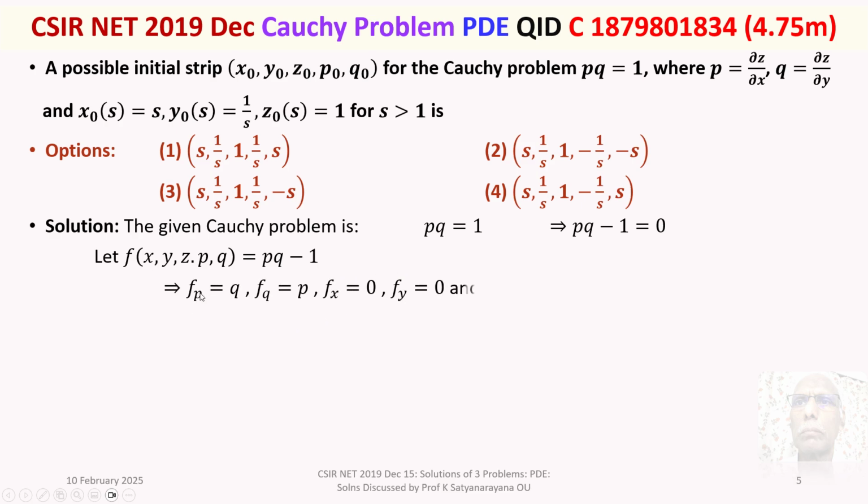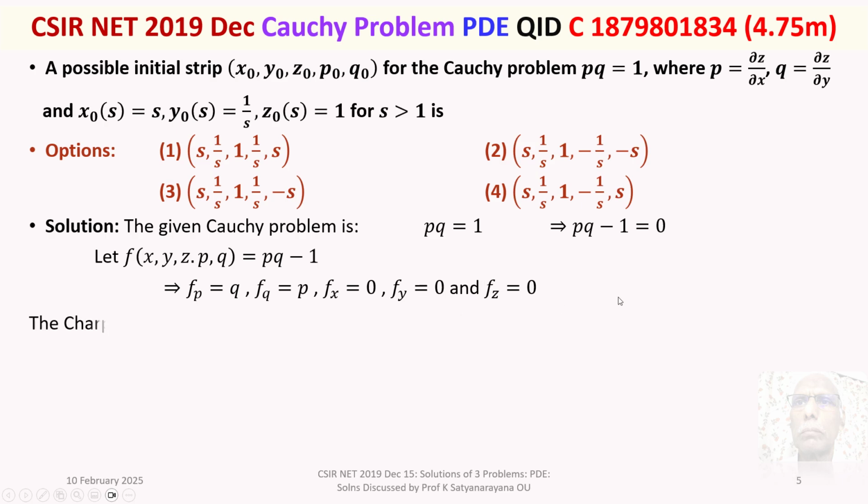For that, we calculate fp. fp means ∂f/∂p is q, fq is p, fx is 0, fy is 0, fz is 0.